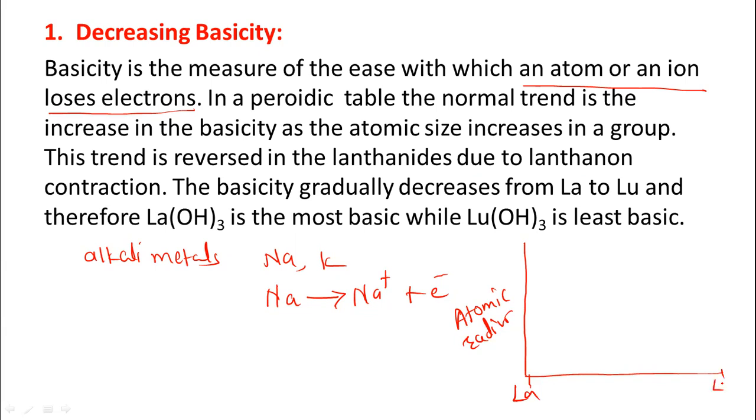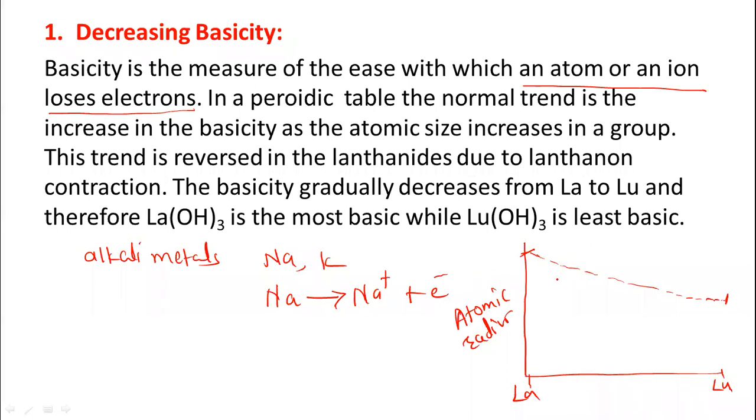There is a decrease in the atomic or ionic radius. Lanthanum has the highest atomic radius, and it decreases steadily from lanthanum to lutetium due to the lanthanide contraction.